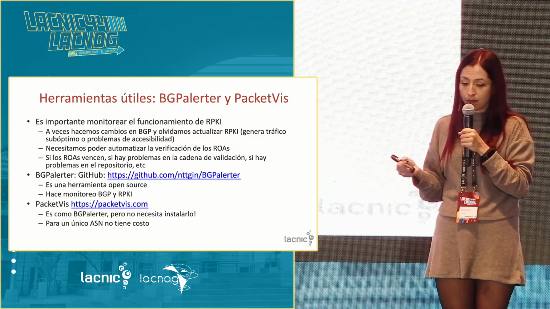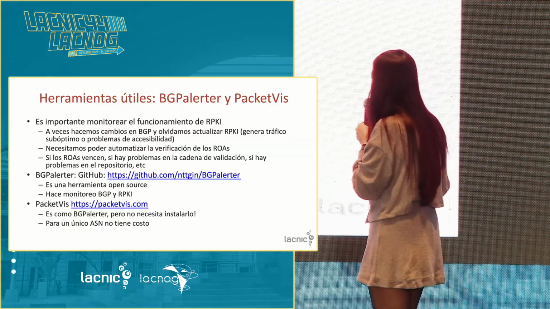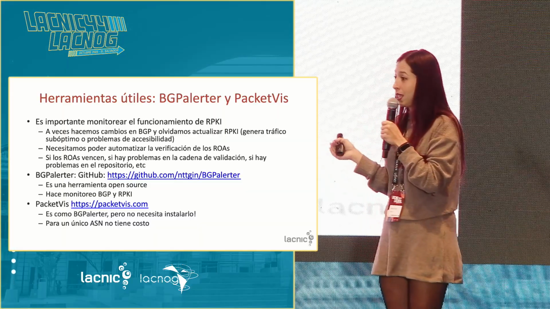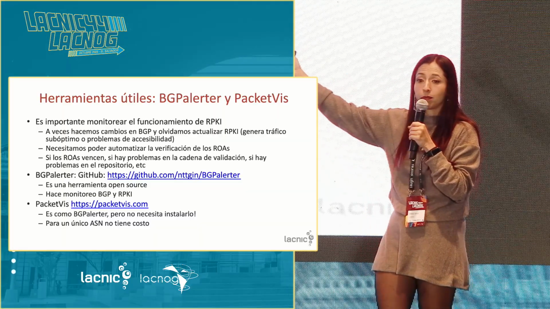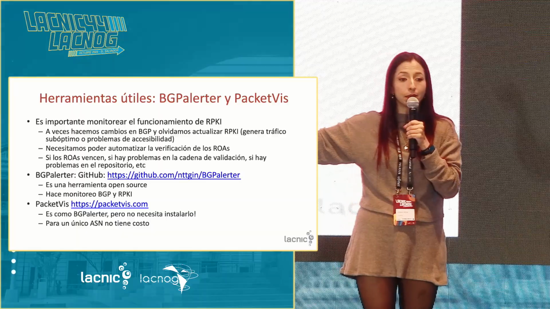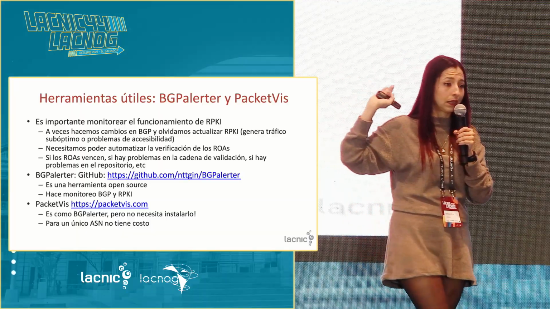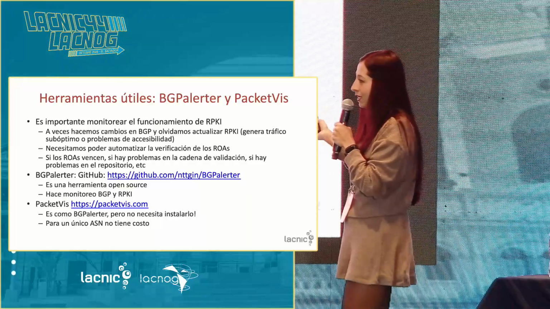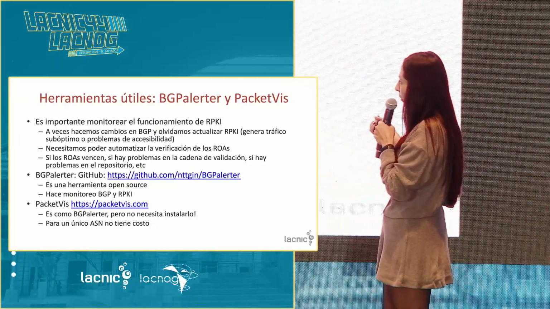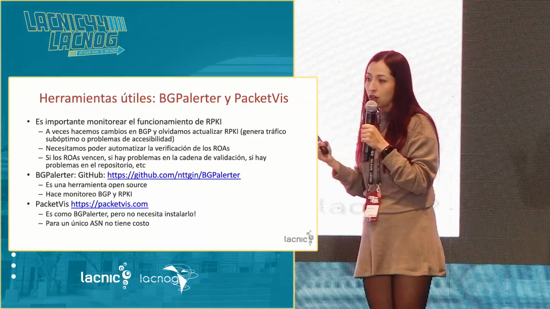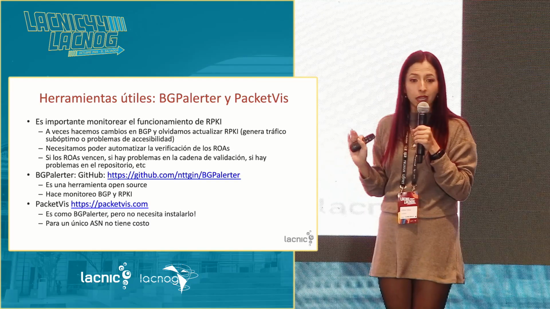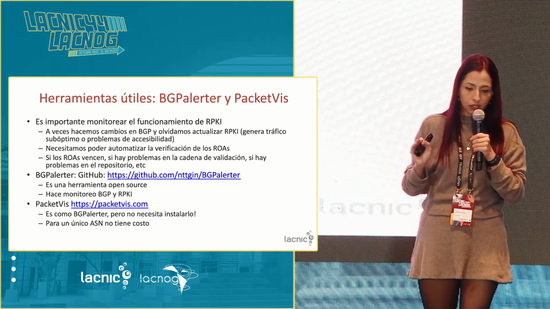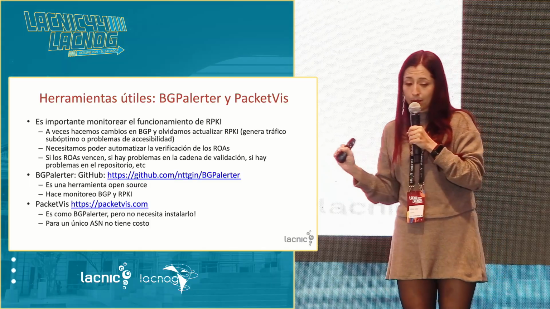So in the network, you sometimes make changes and forget to update the information, which might lead to problems of accessibility to the networks, or if the information goes through some of those networks that do origin validation, it would be filtered out. So we need tools that allow us to visualize that, to automate the verification process for the ROAs, and to receive notifications if anything changes so that we can take action.